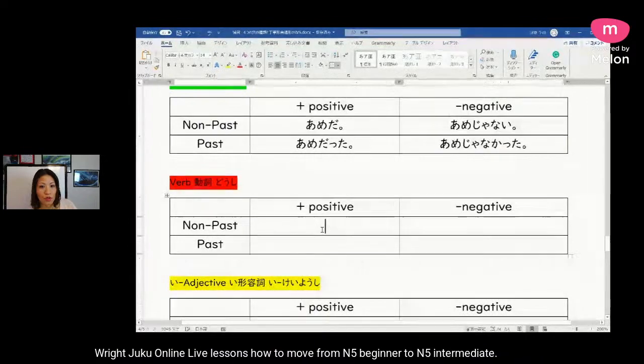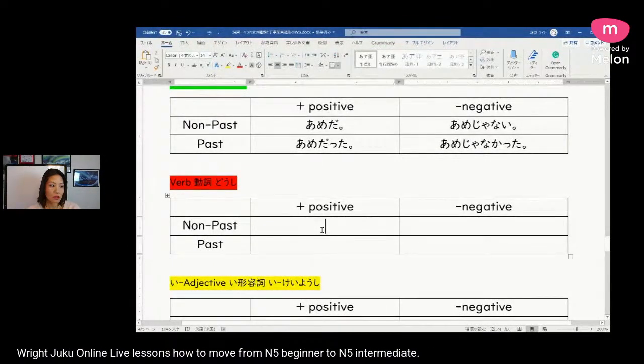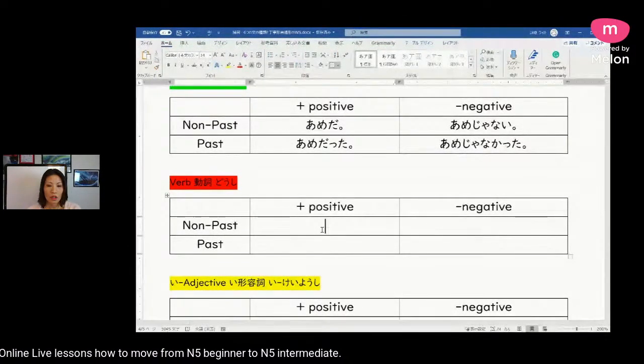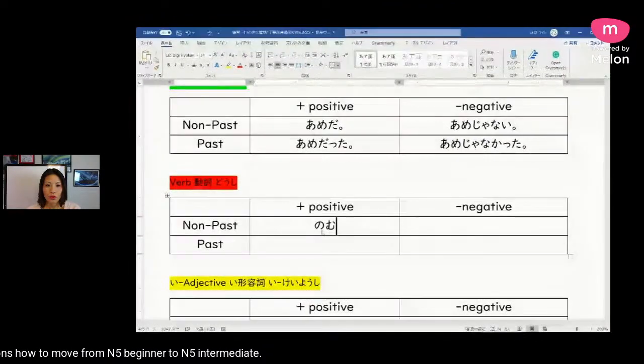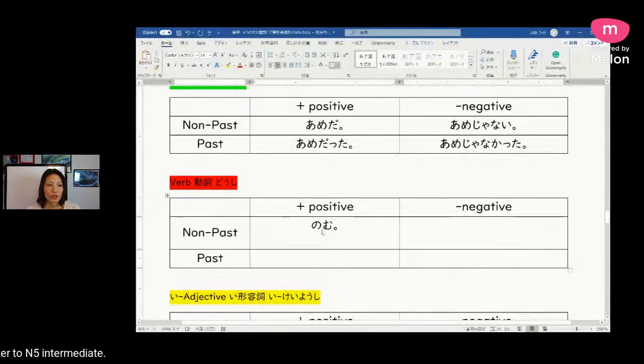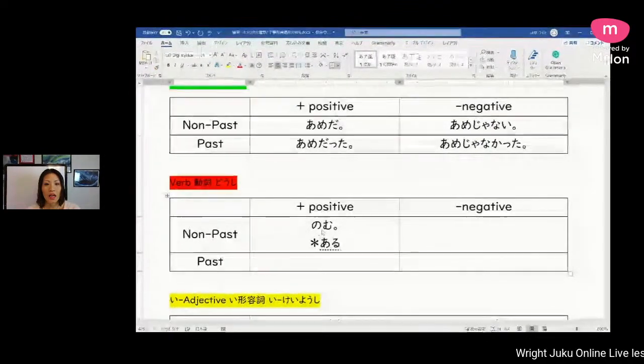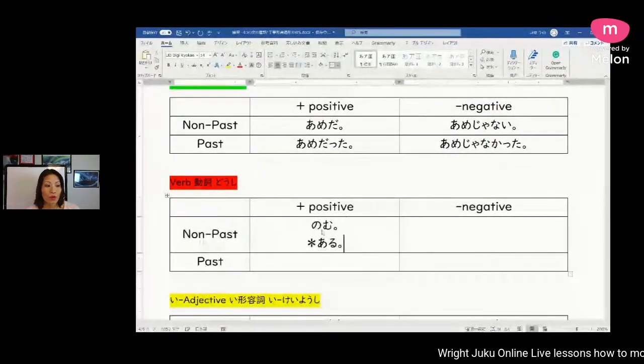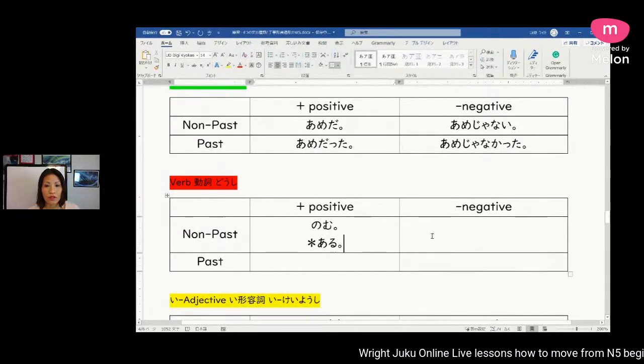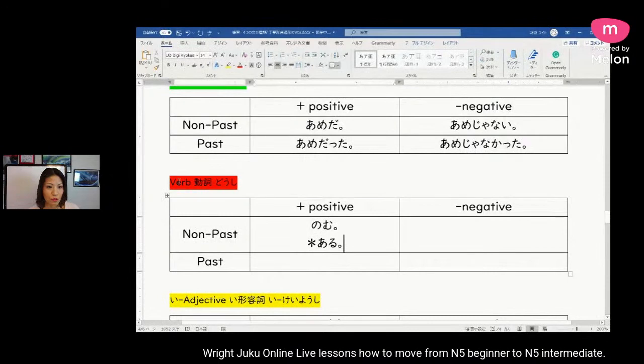Right, next is the verb. We use 飲みます, so it will be 飲む. And then I want you to do two things here. There is an exception for the verb, which is ある. So I want you to fill in those two verbs. I'll give you some time.